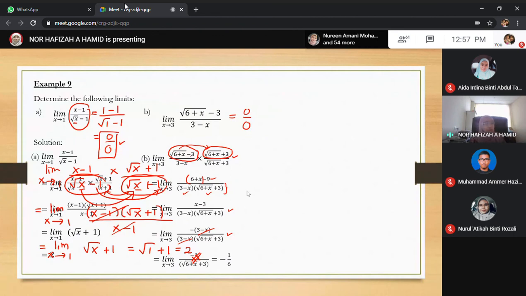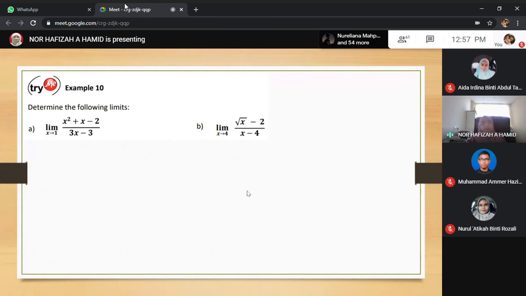So I want to proceed to example 10. Okay, so refer to example 10, you need to determine the following limits. So you substitute the value, 1 minus 3 over 3, 1 minus 3. Okay, so you have 0/0.